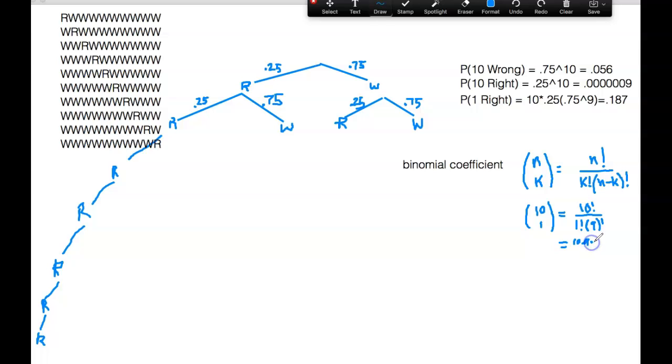Okay, factorial means 10 times 9 times 8 times 7 times 6 times 5 times 4 times 3 times 2 times 1. Nine factorial. 9 times 8.